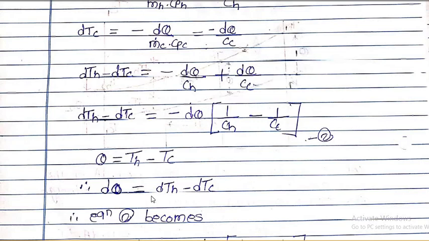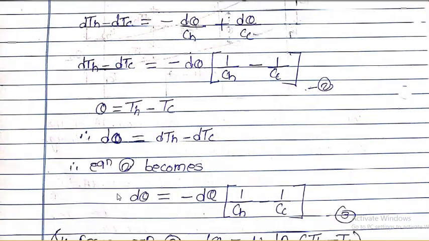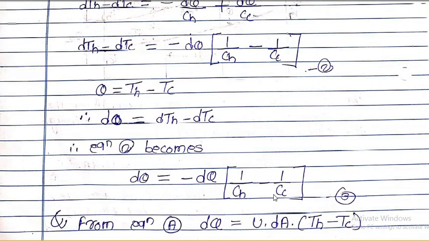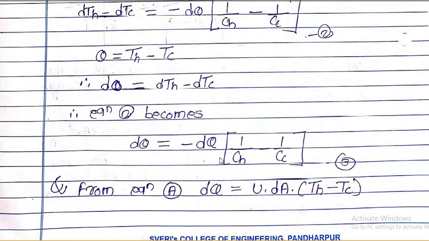So in the second equation, instead of dth minus dtc, we can write d theta. So equation 2 becomes d theta is equal to minus dq into bracket 1 upon Ch minus 1 upon C suffix c. We know that the dq equation we have already written in equation number A.